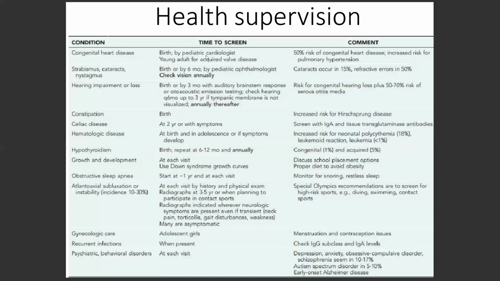At birth, by a pediatric cardiologist, we have to look for congenital heart disease, and also young adults with acquired valve disease. Also for conditions like strabismus, cataracts, and nystagmus, we have to screen at birth or by 6 months by the pediatric ophthalmologist and check vision annually.